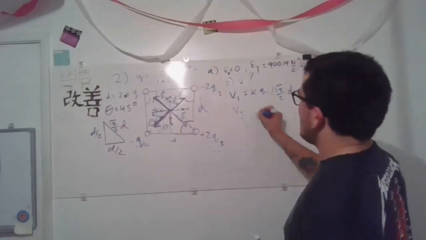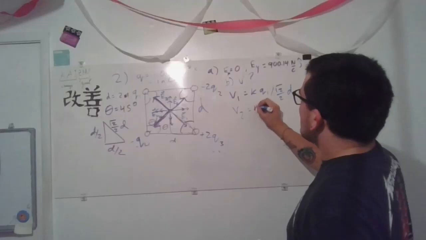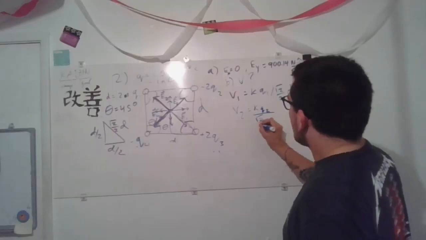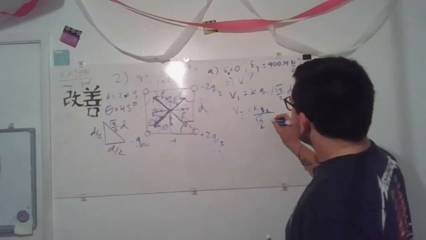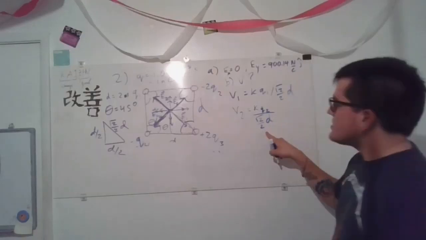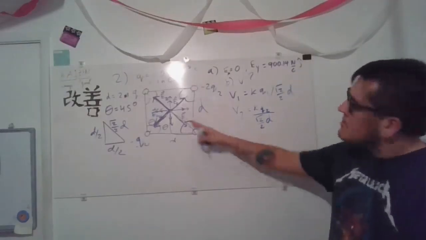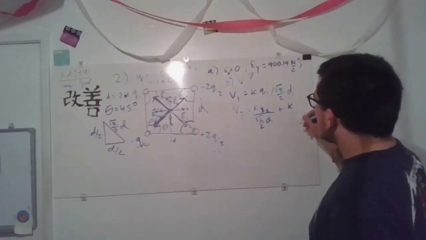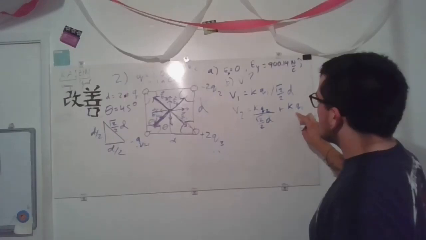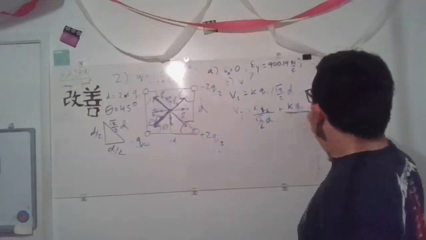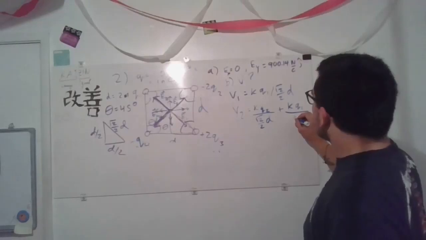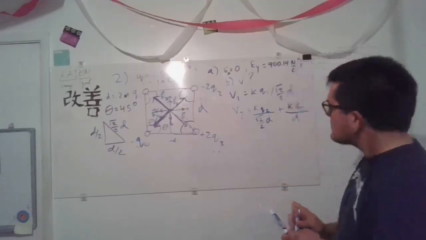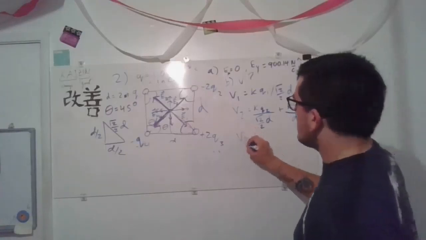So now you're going to want to say K Q2 over radical 2 over 2 times D. This is the amount of potential for the center, and then plus K Q1, because it's due to this Q, over what? This distance D. Okay. Next, V3.